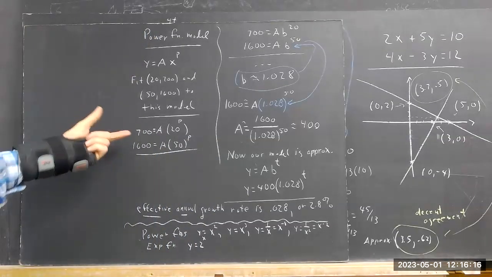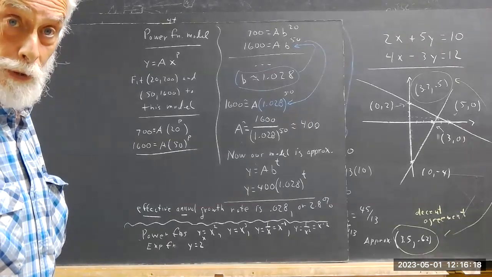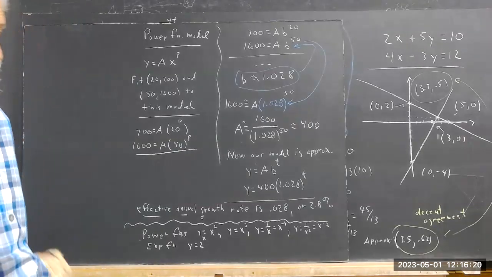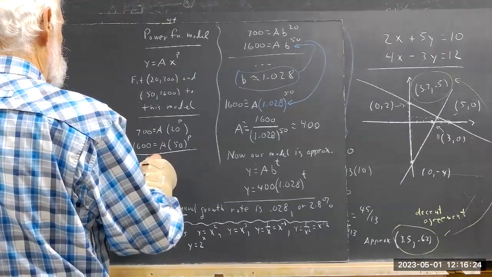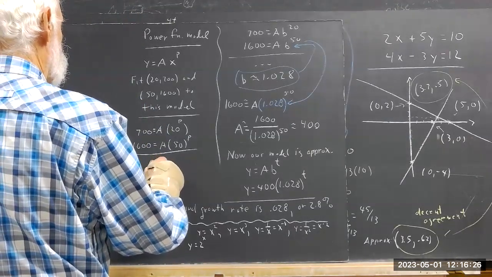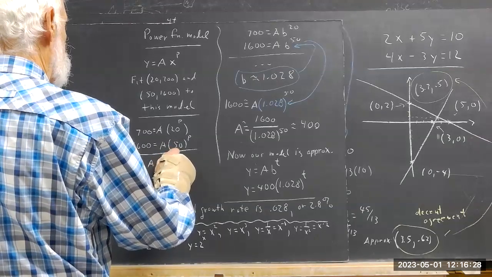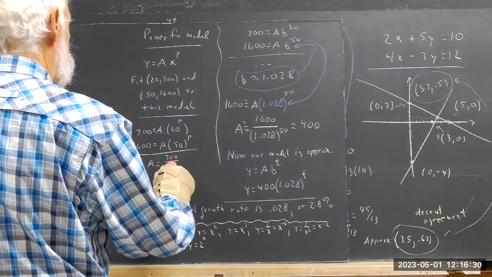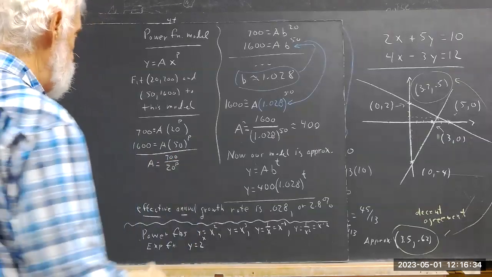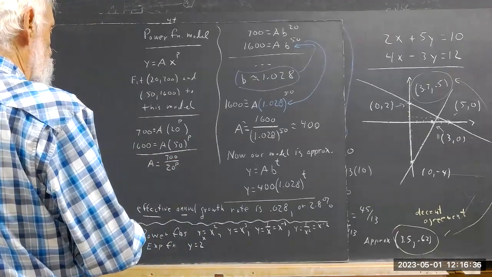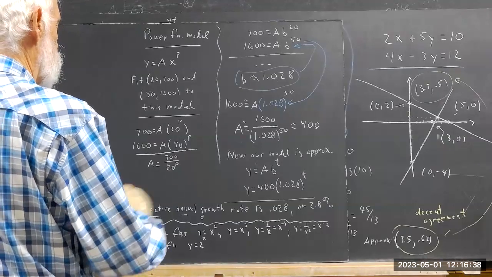Well, let's solve the first equation for a. I'll do this kind of briefly; we won't write out every step. But a is going to be 700 over 20 to the p. Then we'll take that and plug it in for a.